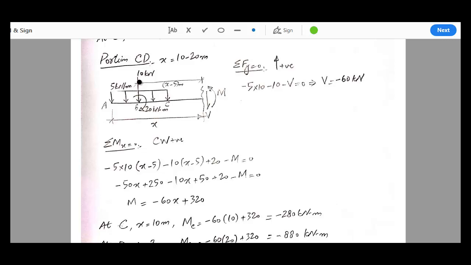So the distance between the resultant and the section is x minus 5. So minus 5 into 10 into x minus 5 is the moment due to this UDL.